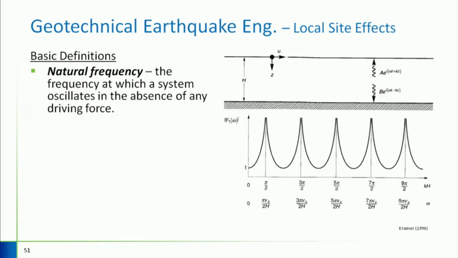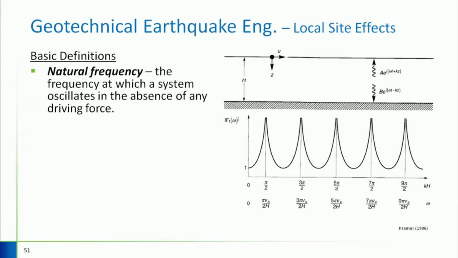Natural frequency. I kind of mentioned that every structure has a natural frequency. How I figure that is you've got a wave that's moving up and then it gets rebounded back down. If the speed and dimensions of this layer are such that the upward and downward waves are in phase, you double your amplitude of motion because these two waves combine.